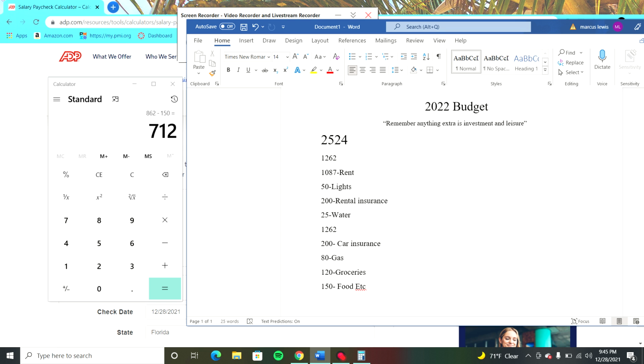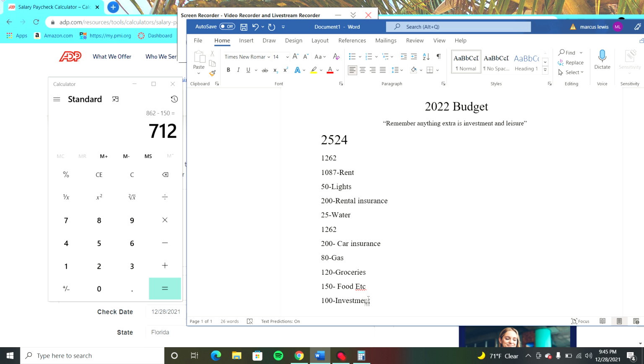On a conservative side, I would say $50 per paycheck. That's $100 for investment. That's $100 a month, about 1,200 a year. That's on a conservative approach.